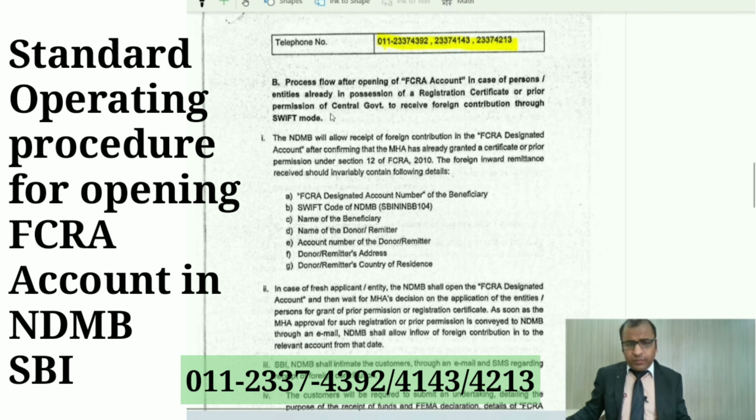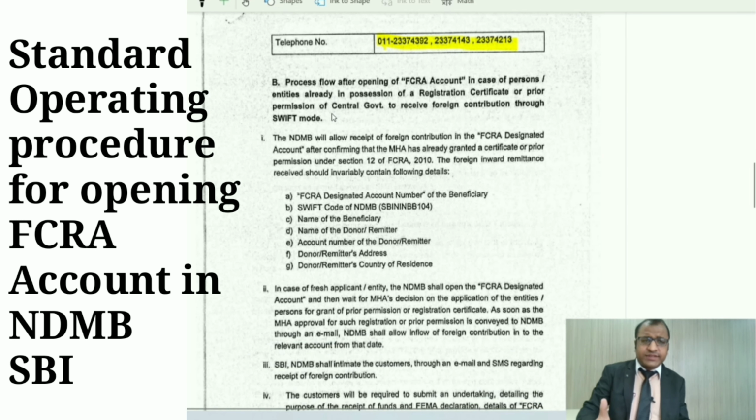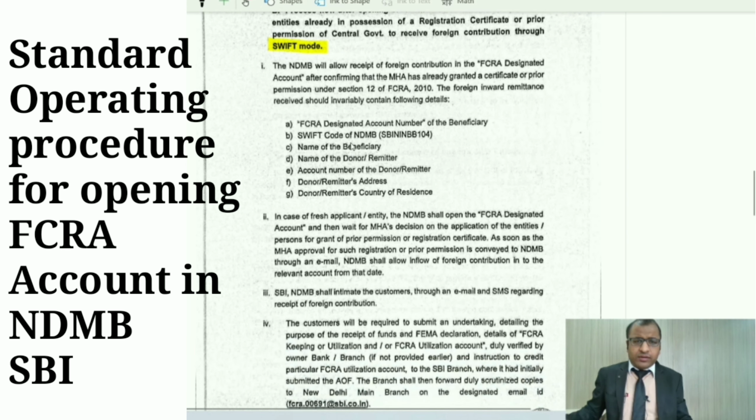So once the account is opened, what will be the process of receiving the foreign contribution in that account through the SWIFT mode? The branch says that the NDMB will allow the receipt of foreign contribution in such FCRA account only after the MHA has confirmed that they have given a certificate or the prior permission under section 12 of the FCRA 2010.